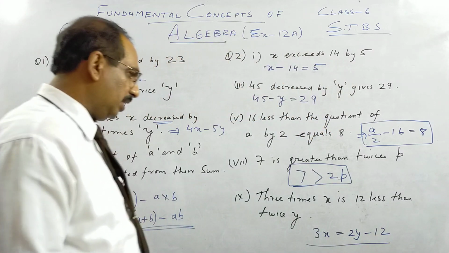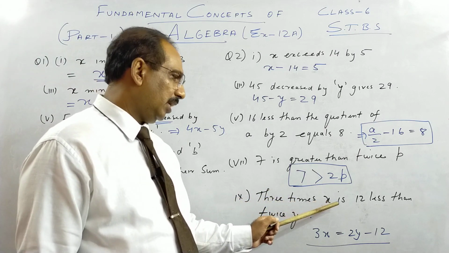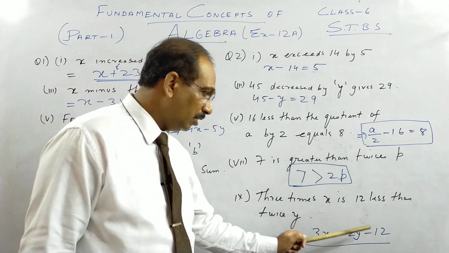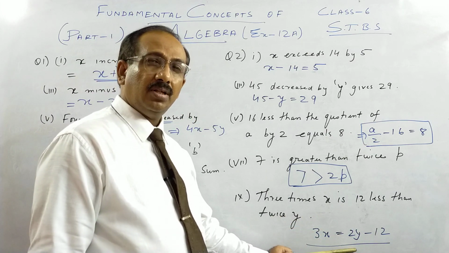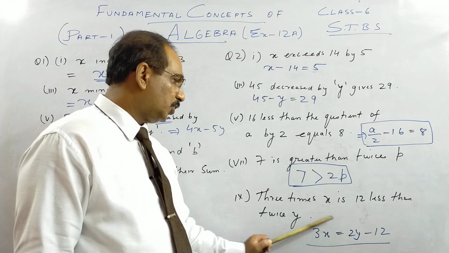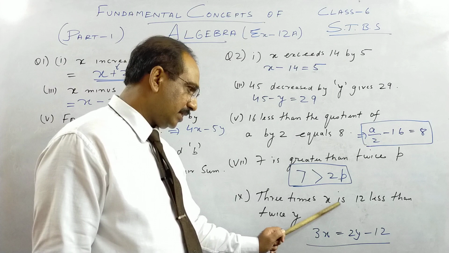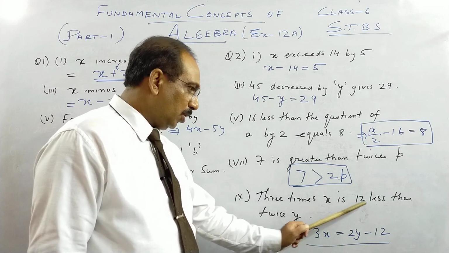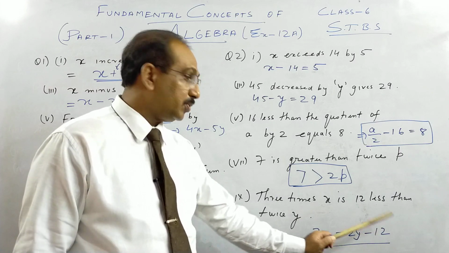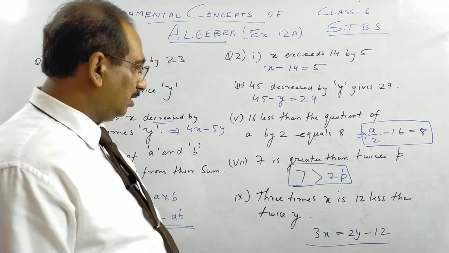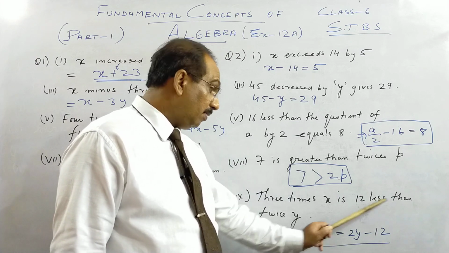So once more, see here, 3 times x is, means equal to, 12 less than twice y.